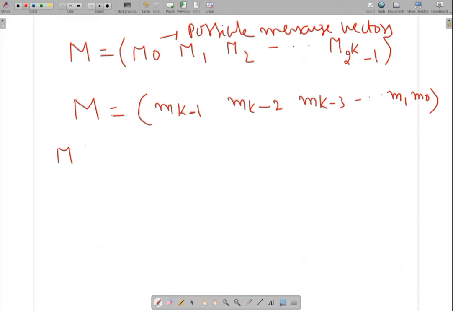Each individual message vector can be represented like that, where m varies from m0 to m2 power k minus 1. This one is MSB, this one is LSB.